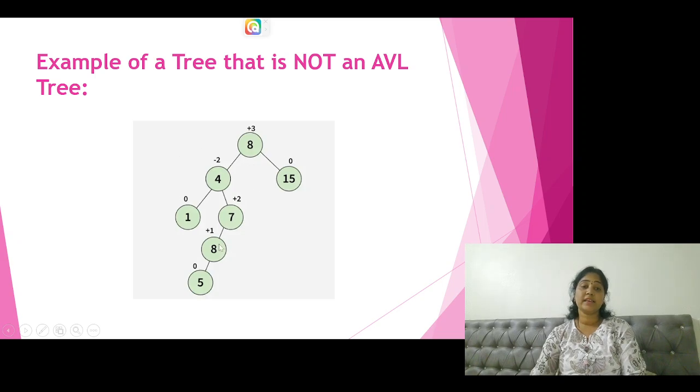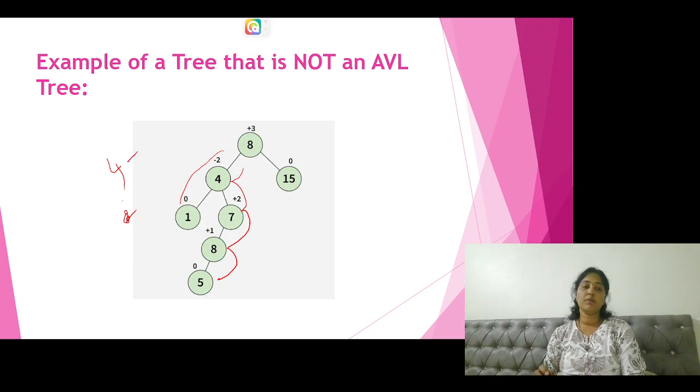Now consider this example. For the balance factor of 8, we have to consider the maximum height of the left subtree. Counting 1, 2, 3, 4, which is the maximum? 4 is the maximum.